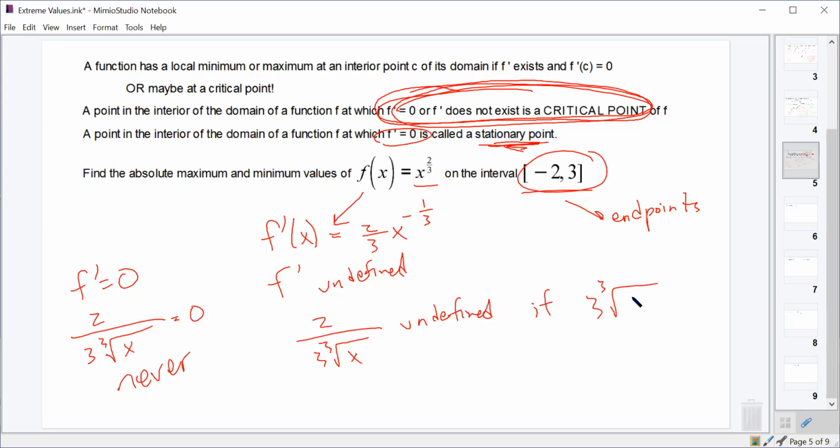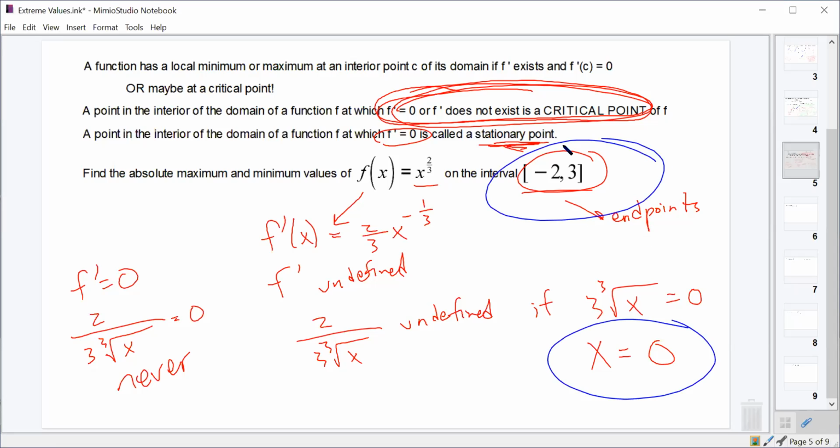So when does 3 cube root of x equal 0? When x is 0. So we have 3 different choices for where we might have an absolute max or an absolute min: -2, 3, and 0 are endpoints, places where the derivative was undefined, and places where the derivative was 0, which were never. There never was one of those. Good or no?